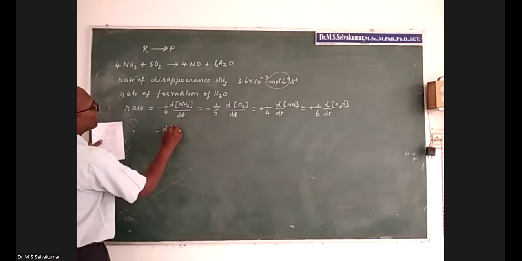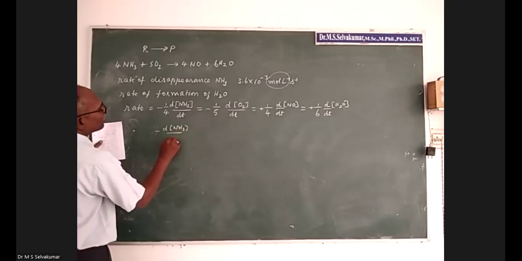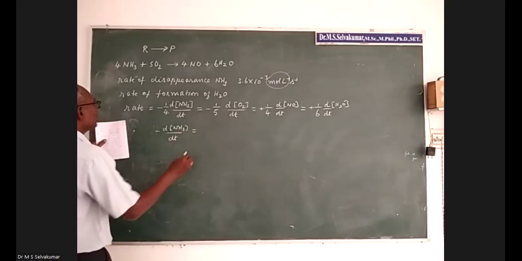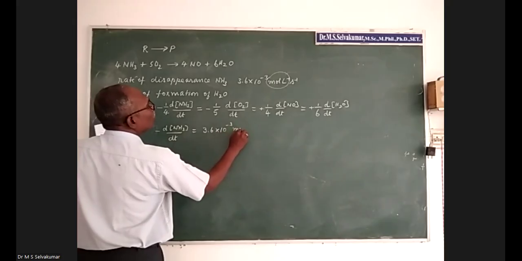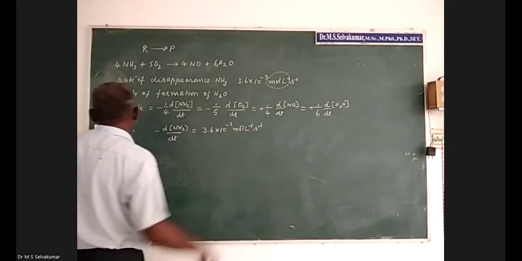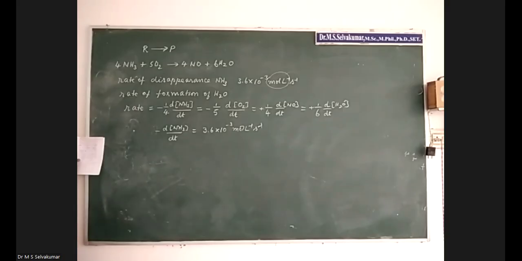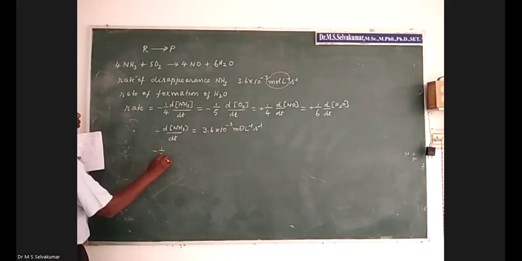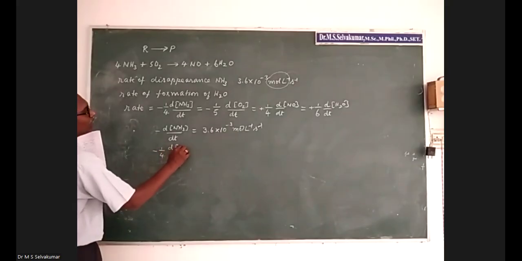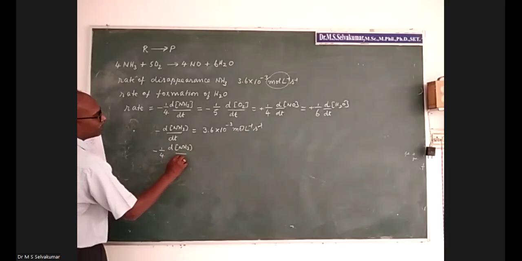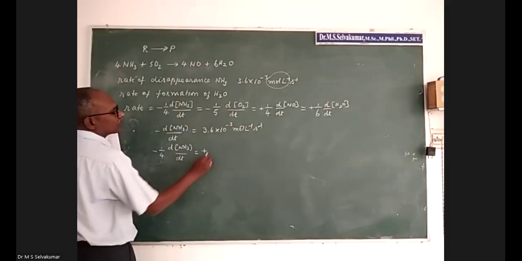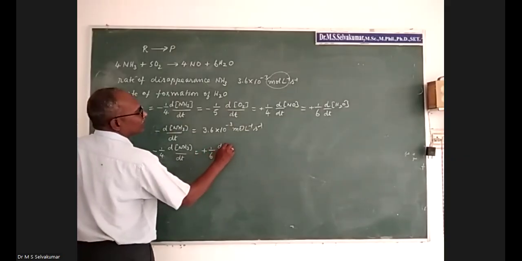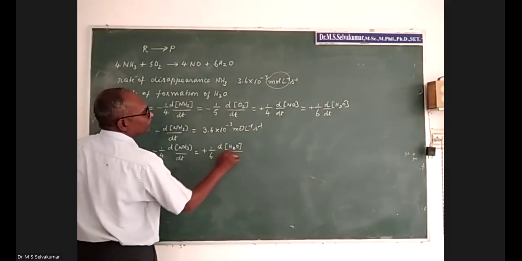Now what is given is minus d by dt of ammonia concentration, which is 3.6 into 10 power minus 3 mole per liter per second. So minus 1 by 4 d NH3 by dt is equal to, water is asked, plus 1 by 6 d water by dt.